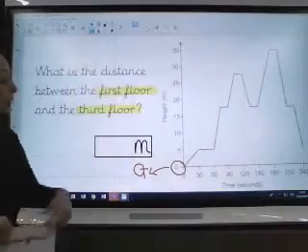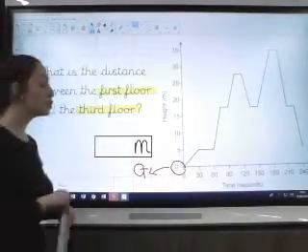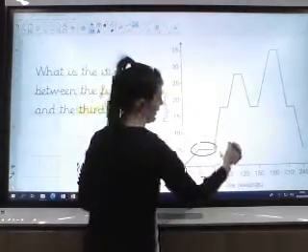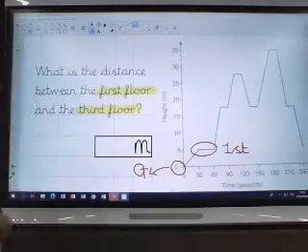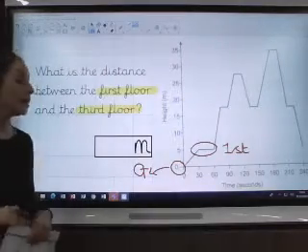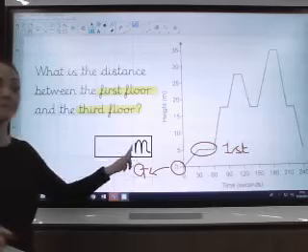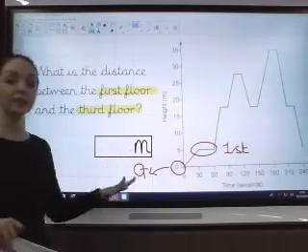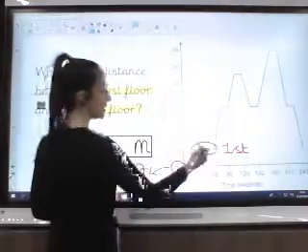So the first floor is the one just up from the ground floor. And it's asking us for our answer in meters. It's asking for the distance in meters, not time, meters.